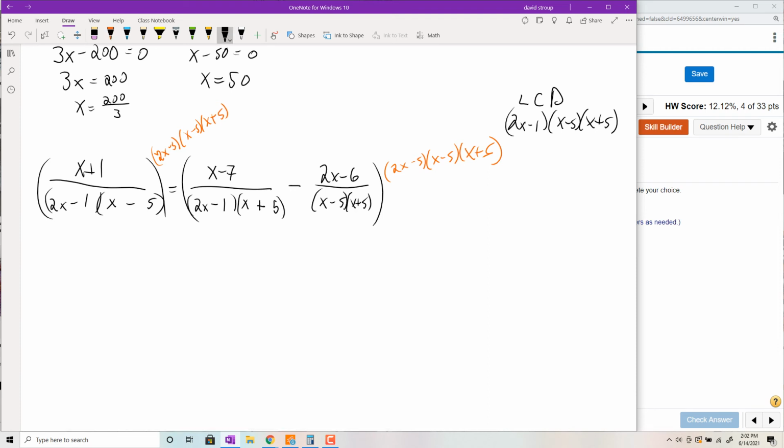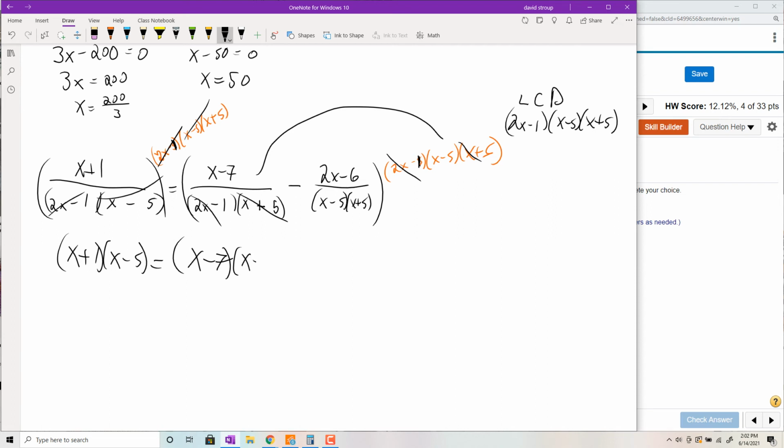On the left, the 2x minus 1s will cancel, and then the x minus 5s will cancel, and you're just left with x plus 1 times x minus 5. Here, on the first distribution, the 2x minus 1s will cancel, and then the x plus 5s will cancel, and you'll be left with x minus 7 times x minus 5. Minus basically the 2x minus 6 times whatever's left in that case. And in that case, the x minus 5 will cancel, and then the x plus 5 will cancel, and you'll just be left with this 2x minus 1.